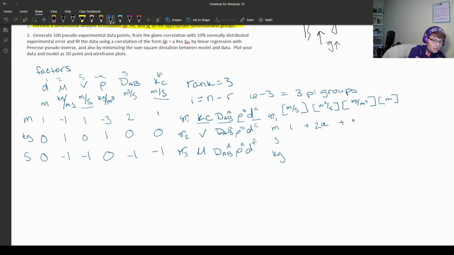And then we have a -3 here, so -3B. And since we have just the 1 here, plus C is equal to 0. For seconds, we do the same thing, a -1, -B, 0, and 0, since that's not involved there. And then kilograms, we have a 0, a 0, a 1B, and 0.